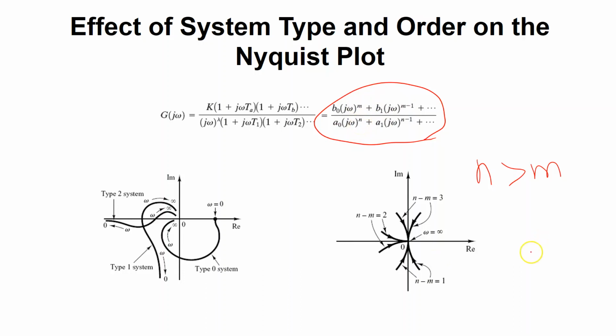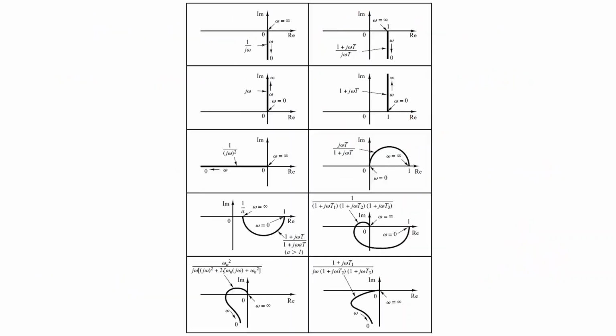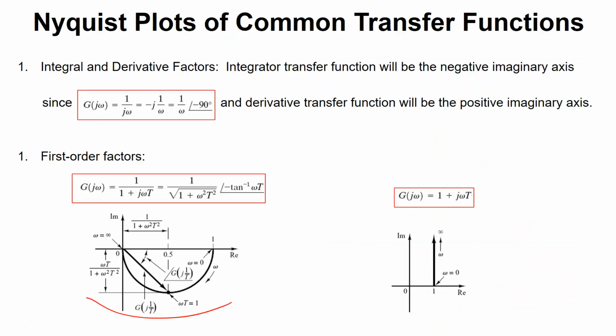If you remember, for a first order system that we just looked at, it was 1 over 1 plus ts. If you just go back, it was this one here. You see here n is bigger than m by 1, and you're approaching 0 at an angle of negative 90 degrees, right?